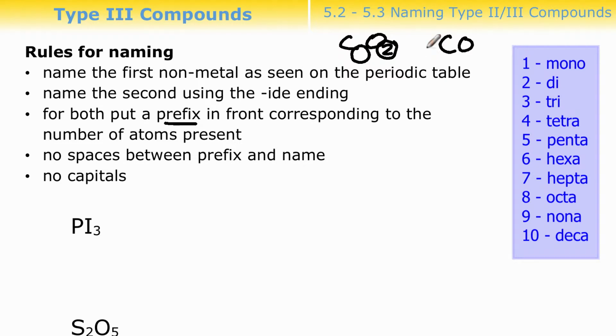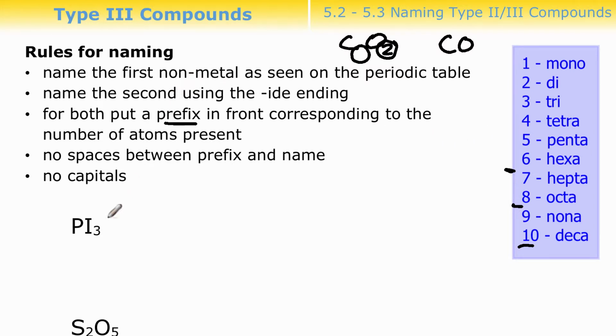I guess we could call it monocarbon monoxide, and I'd probably accept that on a test, but typically the normal name is carbon monoxide. 2 is di, 3 tri, 4 tetra, etc. This would be a good chart to memorize, at least up to 6. Knowing those first 6 is good. Maybe octa and deca too, but it's good to know all of those.